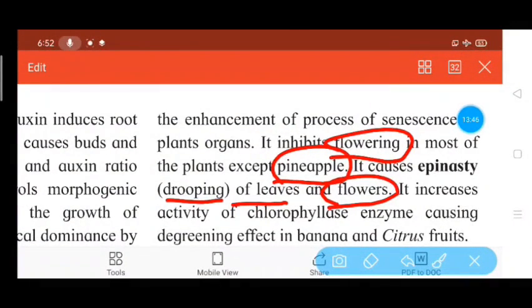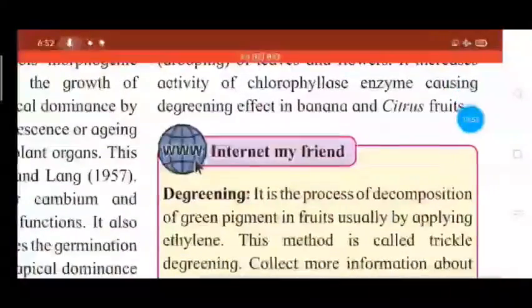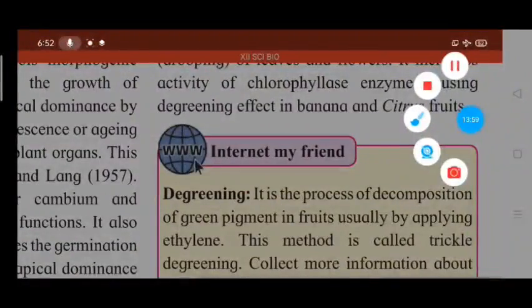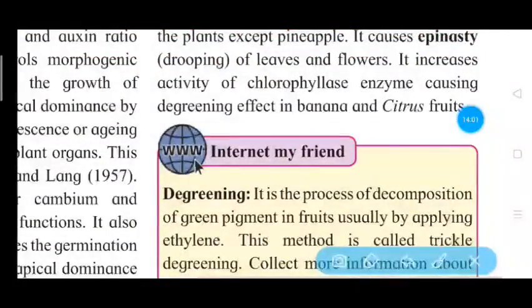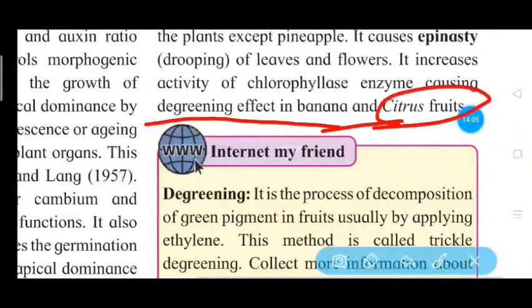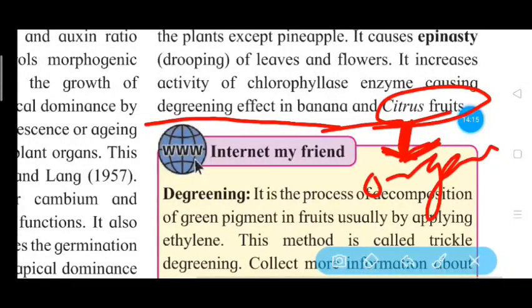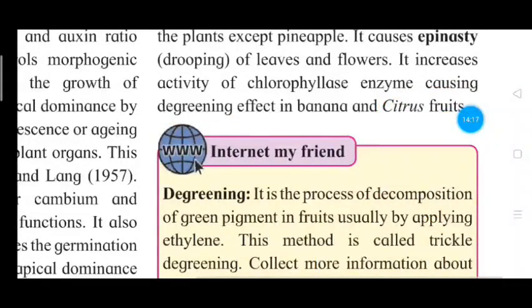It increases the activity of chlorophyllase enzyme, causing a degrading effect in banana and citrus fruit, like orange and lemon, these are the citrus fruits.